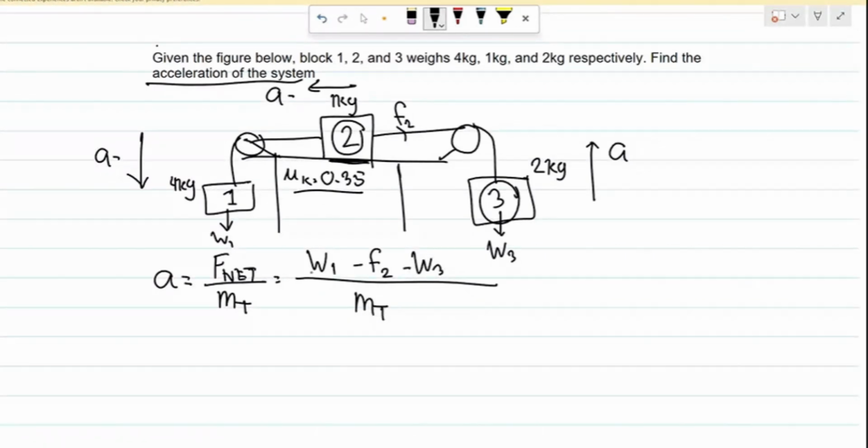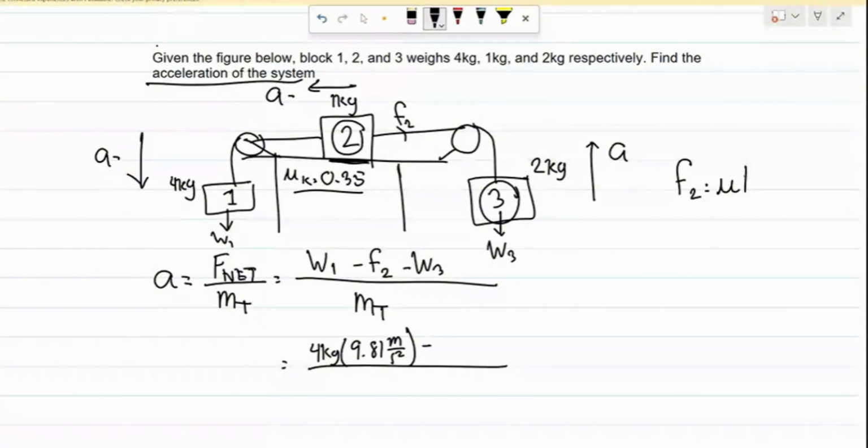Then, guys, let us get W1. W1 is 4 kilograms times the gravitational acceleration. None was mentioned, so we are going to use 9.81 meters per second squared, minus the friction F2. We all know that F sub 2 is simply mu times the normal force of block 2.